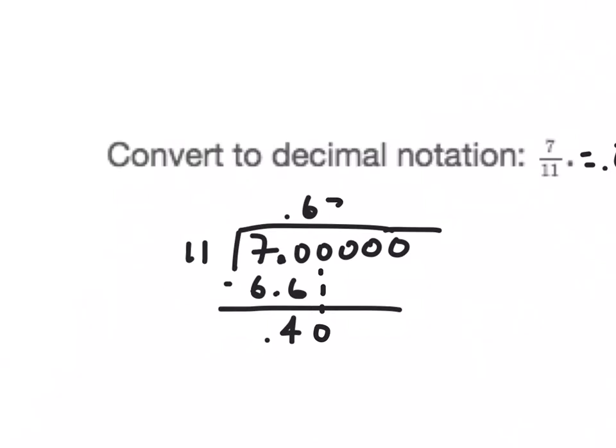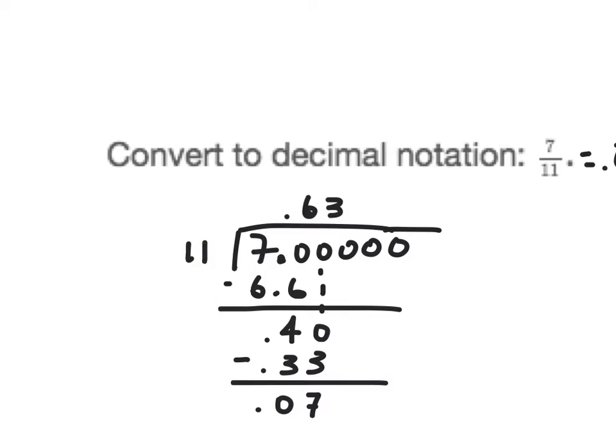Okay, 3 times 11, and I put that up there, 3 times 11 is going to give me 33. So I'm going to put a 0.33 down here. Okay, and then I'm going to subtract, and if I do 40 minus 33, that's going to give me 0.0, and then I'm going to put a 7 there. Okay, and we're kind of back to where we started up here.